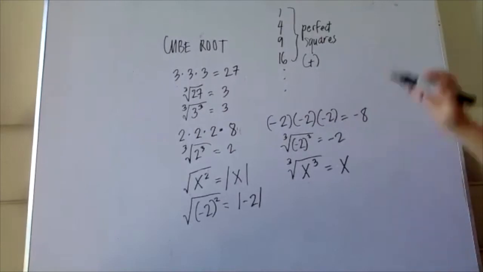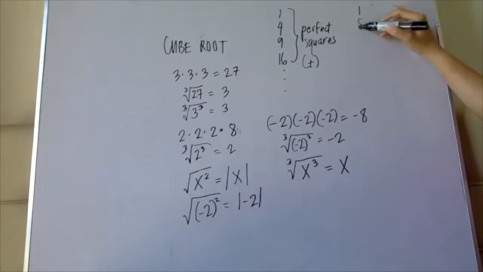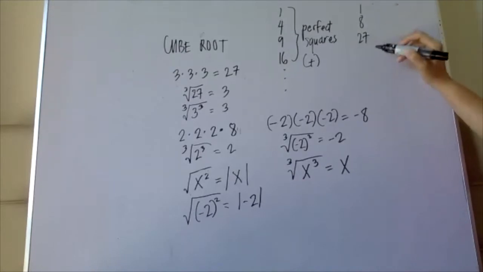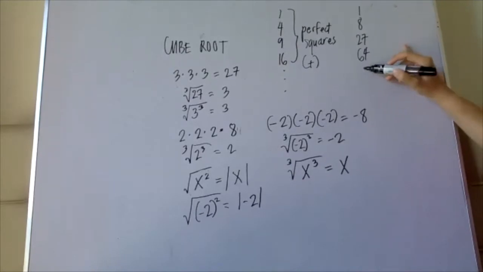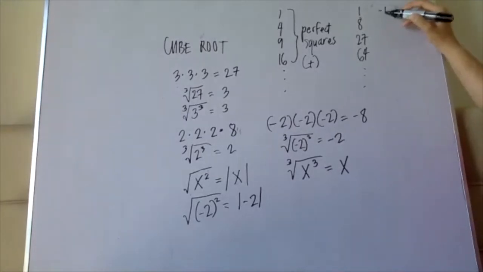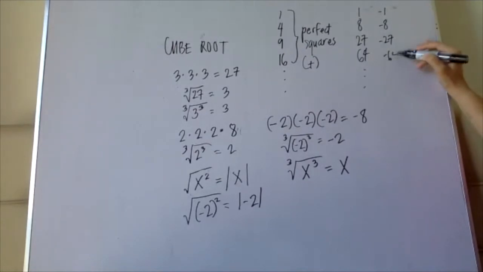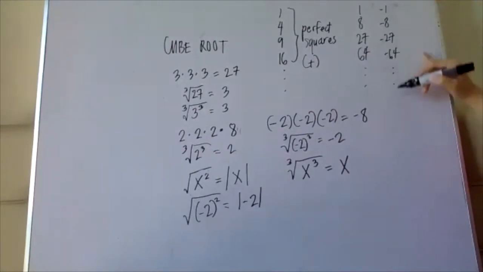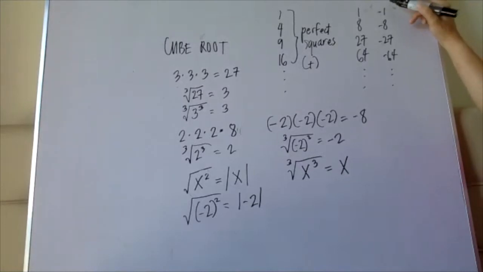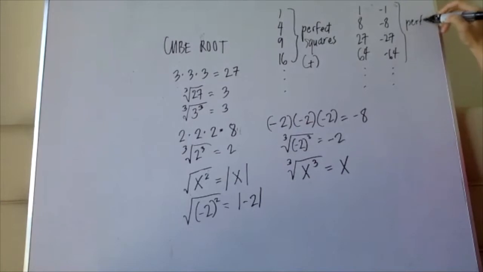Okay? Pagdating naman sa cube root natin, ano yung mga perfect cube natin? 1, 8, 27, 64, etc. Okay, these are perfect cubes. How about your negative 1, negative 8, negative 27, negative 64? Itong mga numbers na to are also perfect cubes. So, yung perfect cubes natin could be positive or negative.